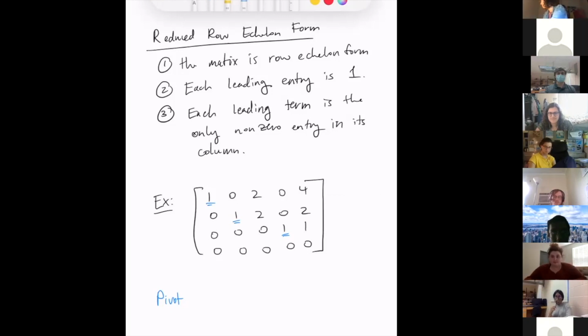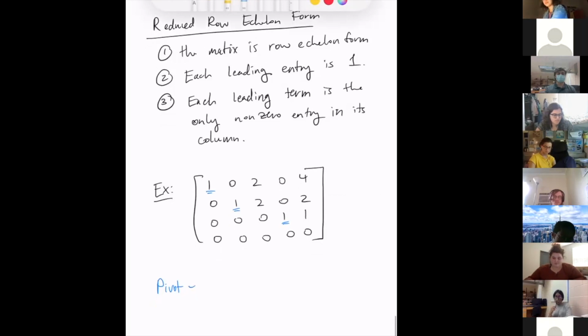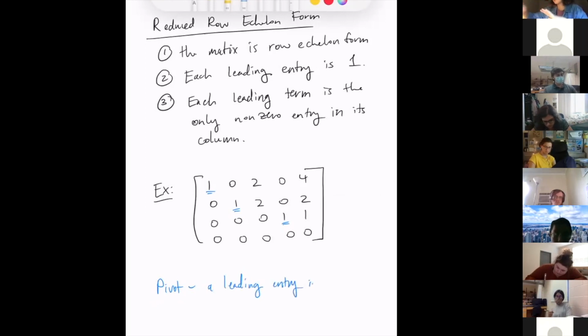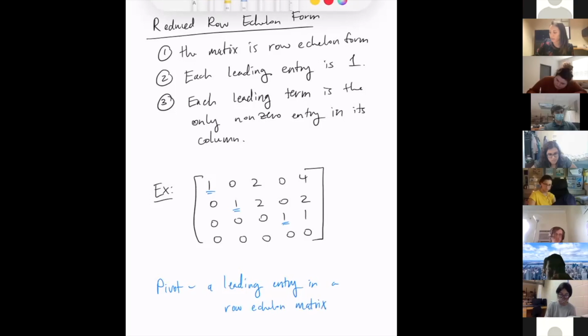Okay, so before I forget, since it was mentioned, a pivot is really similar to a leading entry. It's really just a leading entry in a row echelon matrix. By row echelon matrix, I mean a matrix in row echelon form, right?